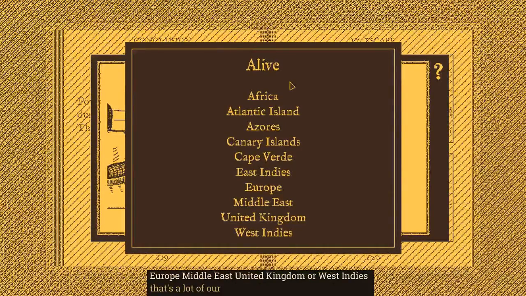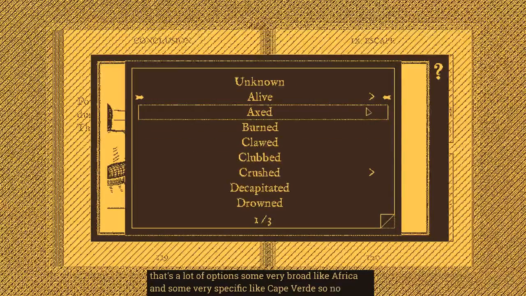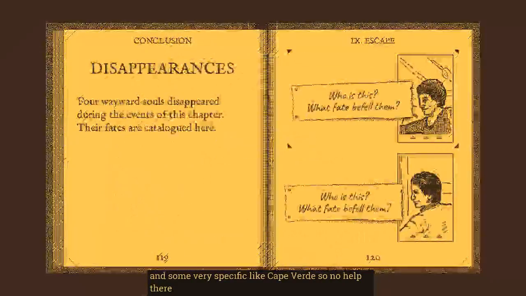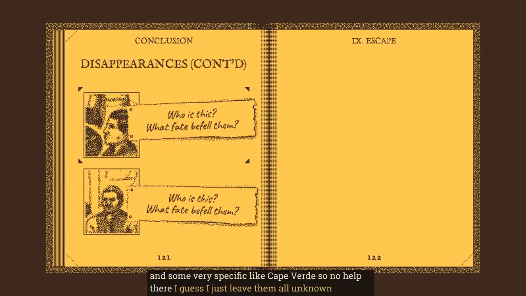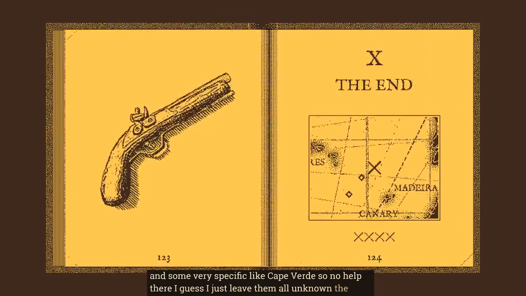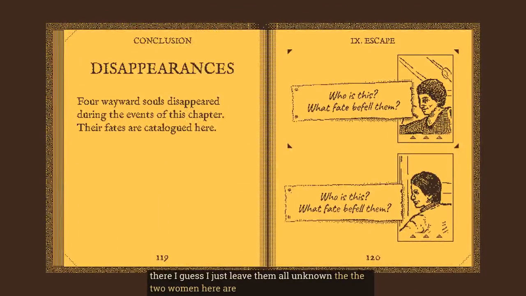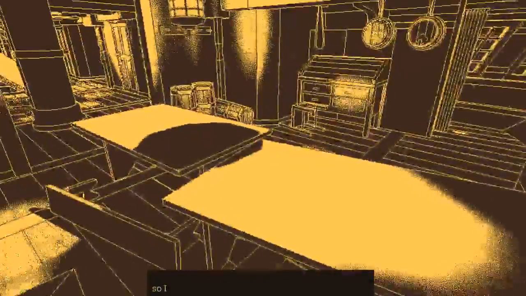That's a lot of options. Some very broad, like Africa, and some very specific, like Cape Verde. So no help there. I guess I just leave them all unknown. The 2 women here are marked as a 3-star deduction that I could tell them apart. Somehow. I don't know how. So I won't.